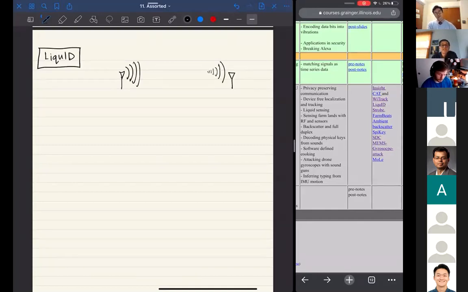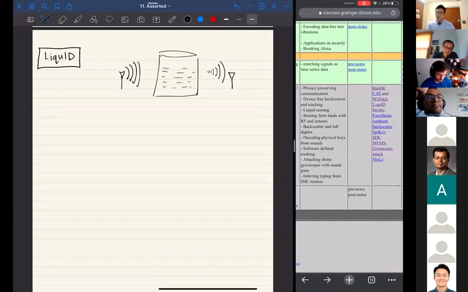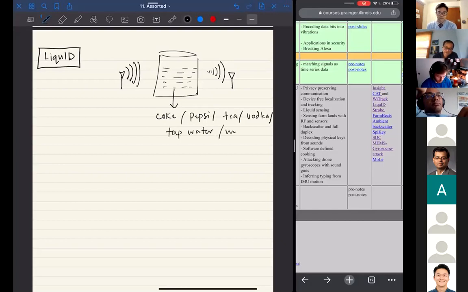And the project says, I'm going to put a bottle of liquid between these two antennas and figure out what this liquid is. For example, is this Coke, Pepsi, green tea, vodka, tap water, mineral water, etc., etc., etc. I'm going to figure out these liquids at that granularity.